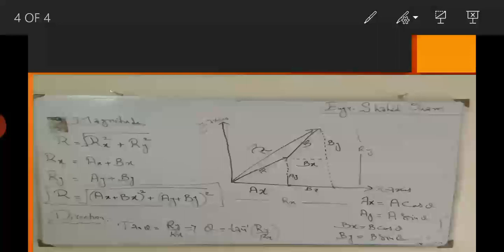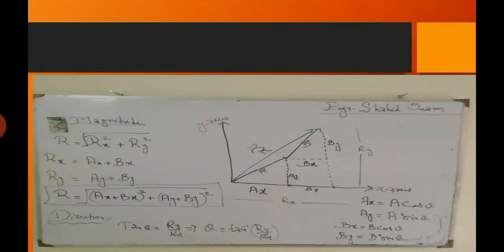So by this method, theta is equal to tangent inverse Ry by Rx, we will find the direction of the vector. So we have found the magnitude as well as the direction of the vectors A and B which we have added by rectangular component method.